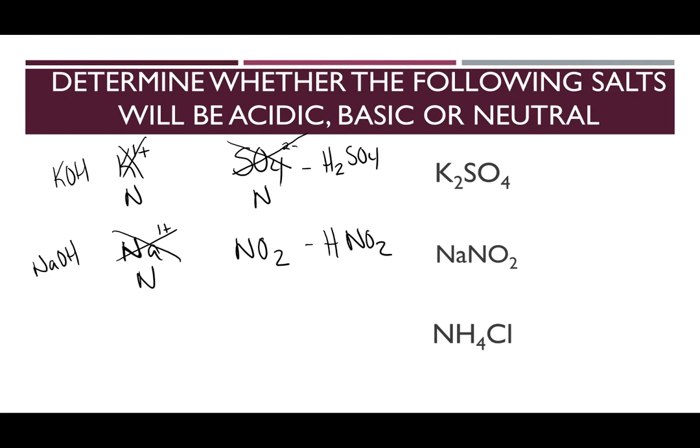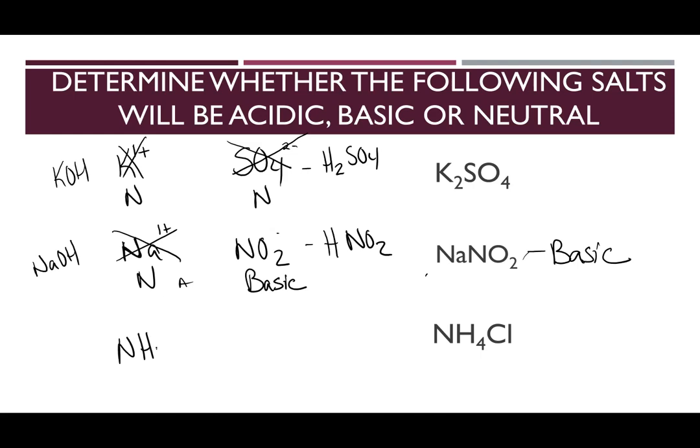That is not one of the big five. So nitrite is the conjugate of a weak acid. So this will have an effect on solution. If we use our AB model, this will have a basic effect. Okay. So adding sodium nitrite to solution will cause the pH to become more basic.